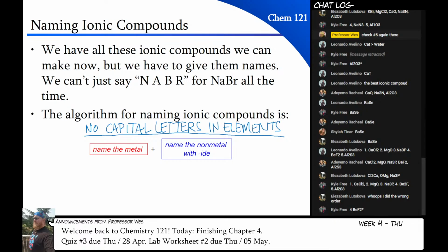Okay? If you do this in Canvas, it will mark your answers wrong. And if you tell me, hey, I got the answers right, but I capitalized the words, can I get credit? My answer to you will be, remember that slide where I said don't capitalize elements? This is that part. And I can't give you credit for it. So be exceptionally careful. The symbols are capitalized. So if I was to write out curium, I don't actually know the symbol for curium, now that I think about it. Where is curium?